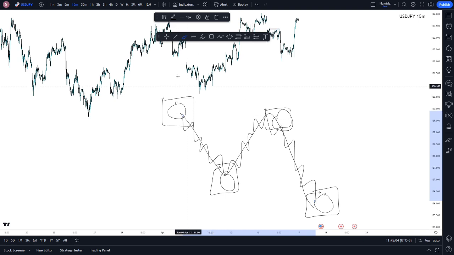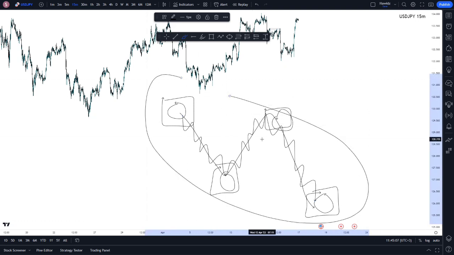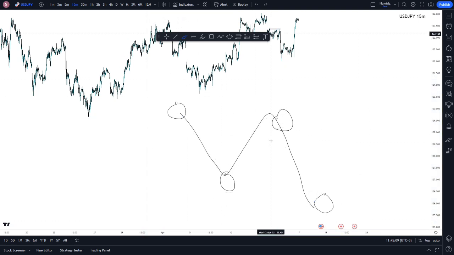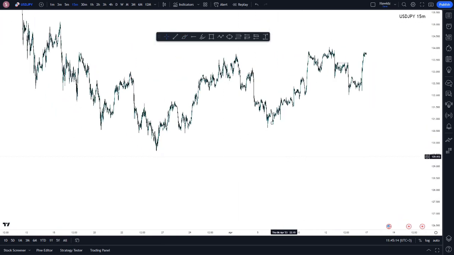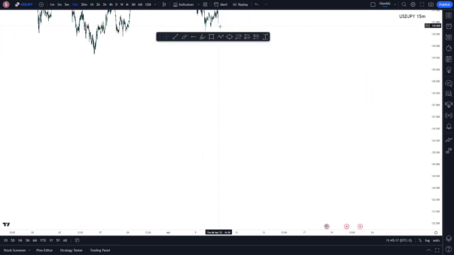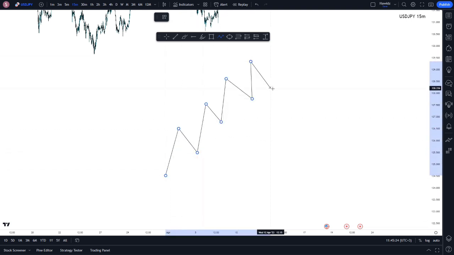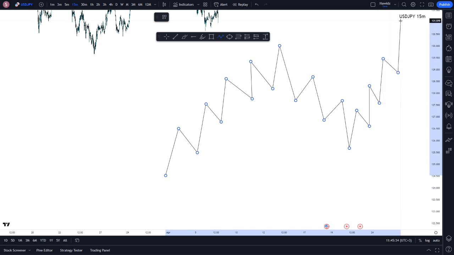So how is this concept applied and how can it be used in its most efficient way? When price moves towards a certain direction, for example a bullish market, bullish markets will pretty much move like this. And then at some point, you'll see something like this, and then you get an instant continuation back bullish.